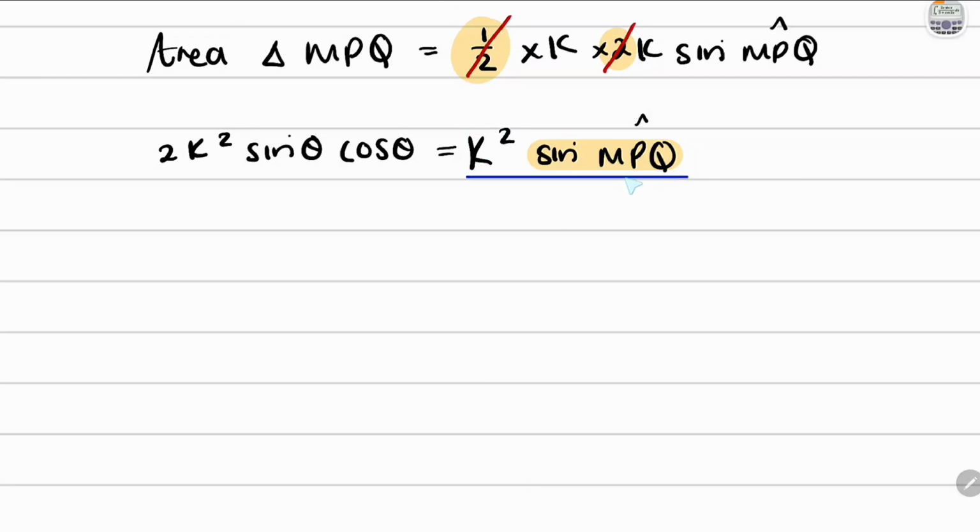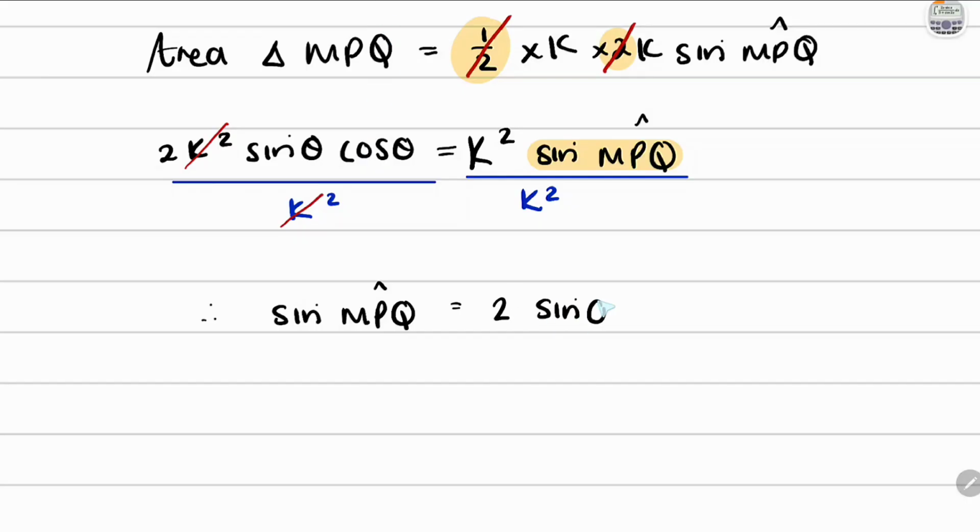So we'll divide both sides by k squared since k squared is multiplying to sine angle MPQ. And let's go ahead and say that sine angle MPQ is equal to, and we're going to rewrite what we have here. But do you see that they're going to simplify? Since you have a k squared and a k squared, they cancel. And all we'll be left with is 2 sine theta cos theta.